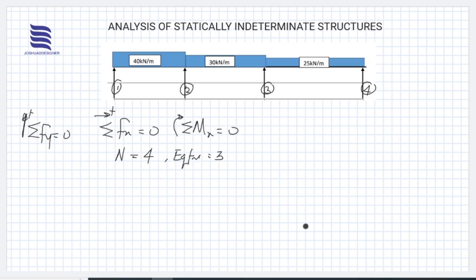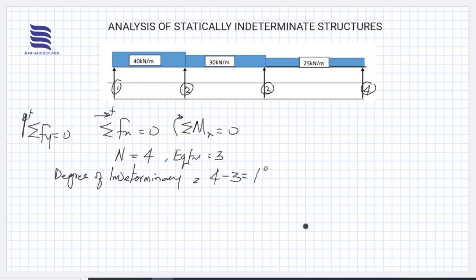To know the degree of indeterminacy, you just subtract the three equilibrium equations from the number of forces, then you have 1.